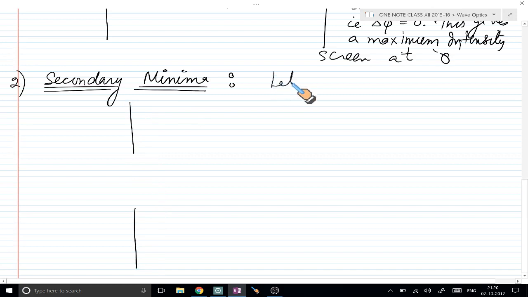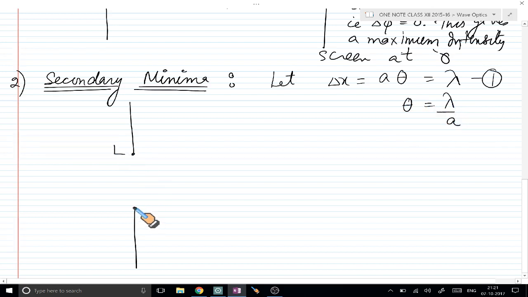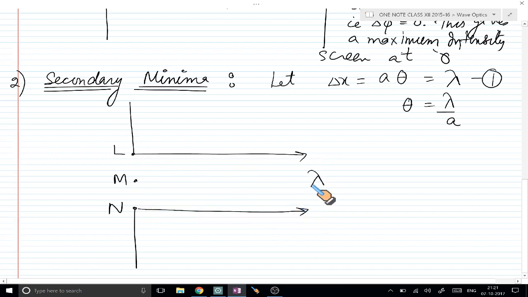Now let the path difference delta x equal to a theta be equal to lambda. This is the first equation. That means theta is equal to lambda by a. Now the aperture LN can be thought of as divided into two parts, LM and MN. The wavelets from L and N have a path difference of lambda.